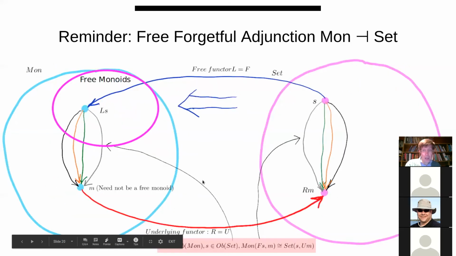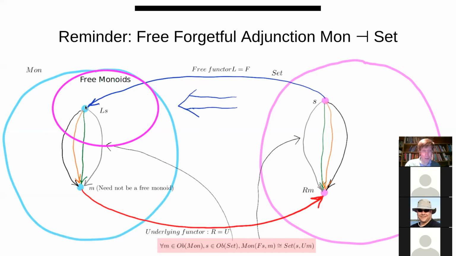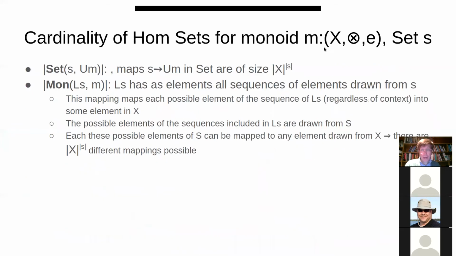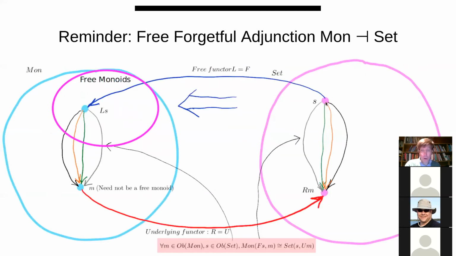And because for each of the elements of S, which are the elements in the sequences LS, we have a choice of X possibilities for how to map it. Maybe X down here is A, B, C, and S is 0, 1.